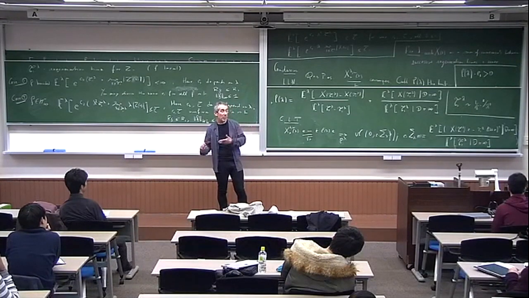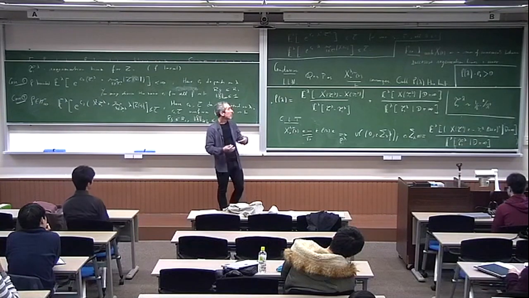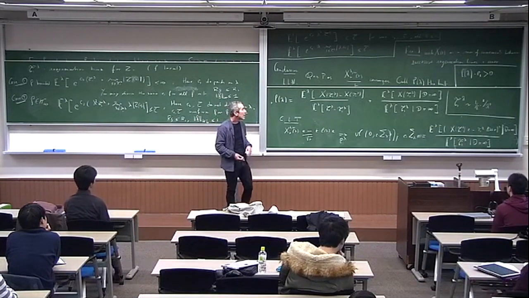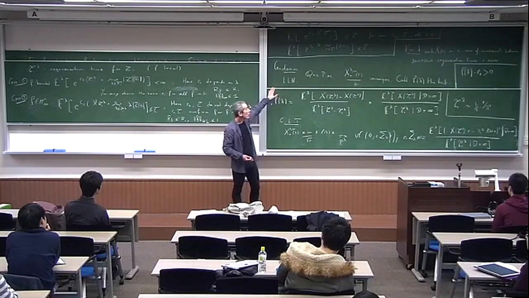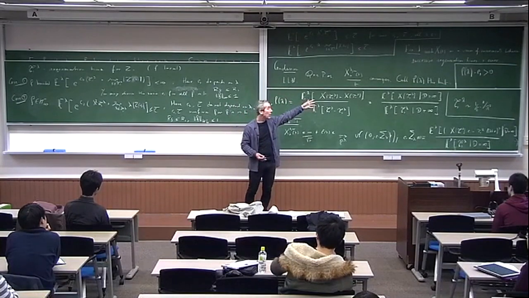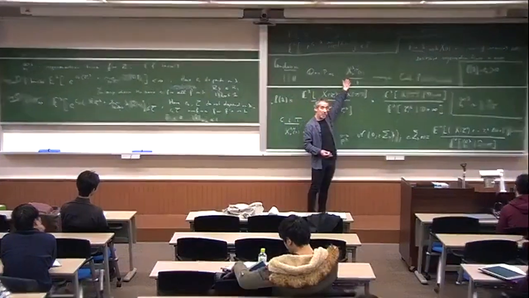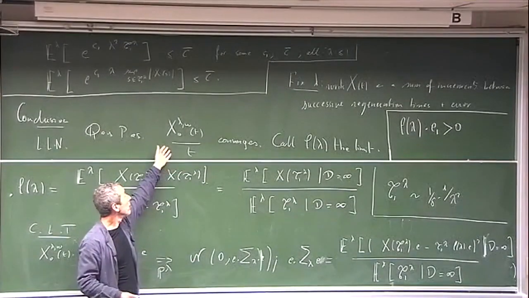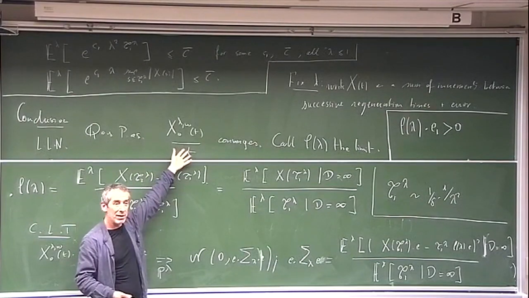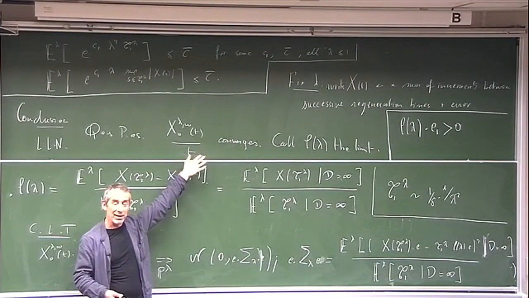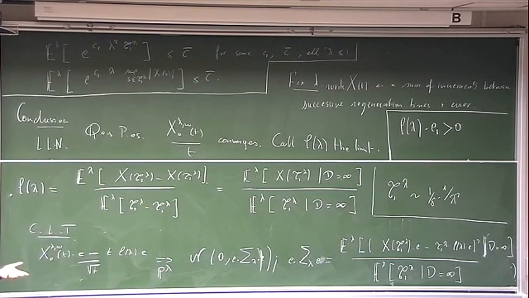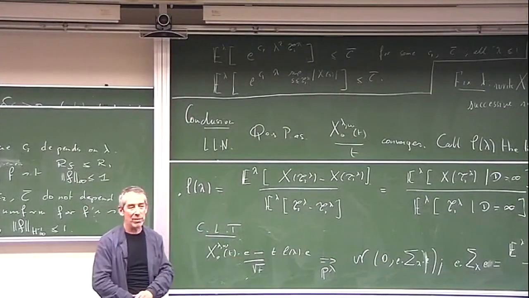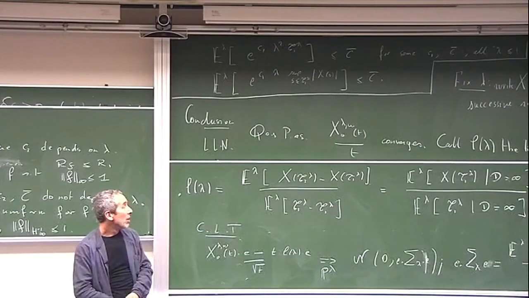But if you think in terms of the Einstein relation, in the case of a stationary environment, we don't know if we have a law of large numbers, so we don't know if there is a limit for that. But I would be happy to prove that, for instance, the mean converges to something. We would take that as a definition for the speed, and then we could ask about the Einstein relation. Of course, in the case of a stationary environment, we don't know how to prove that even the mean converges.